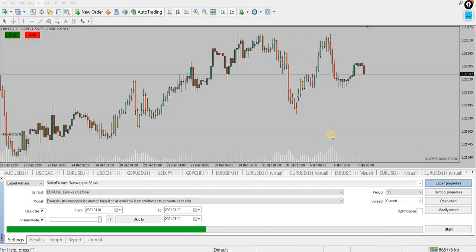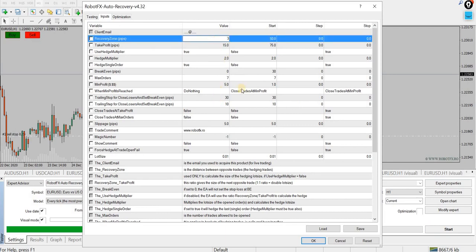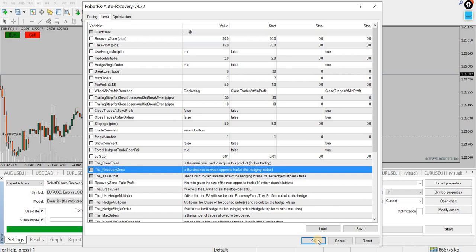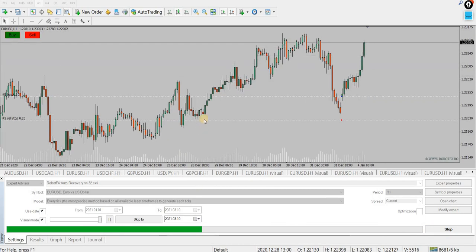Right, and I have increased the recovery zone. Let's make it 30 as it was, just to see what happens, like what happened before.